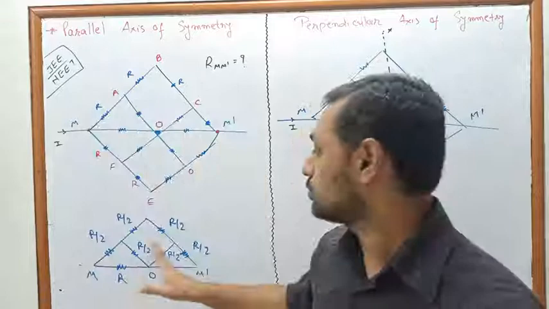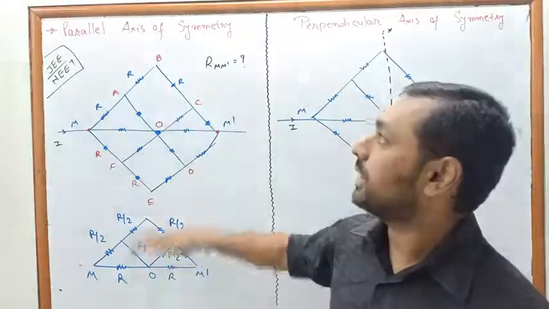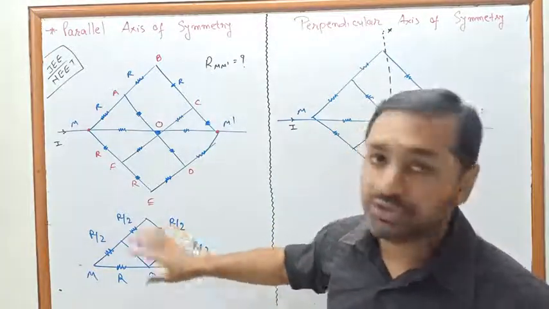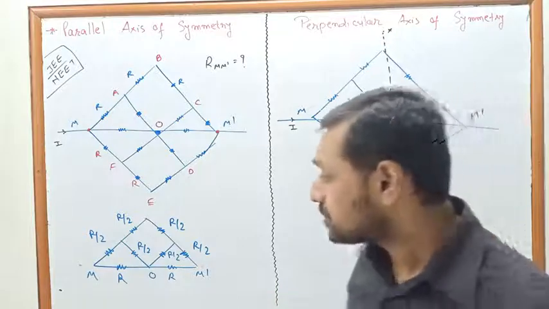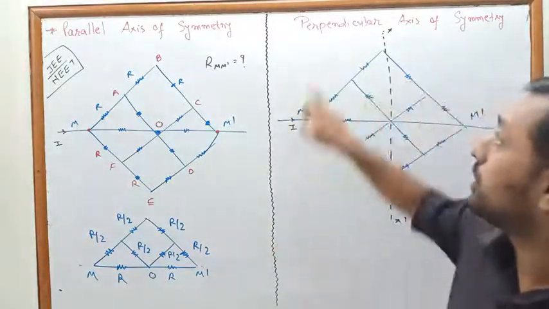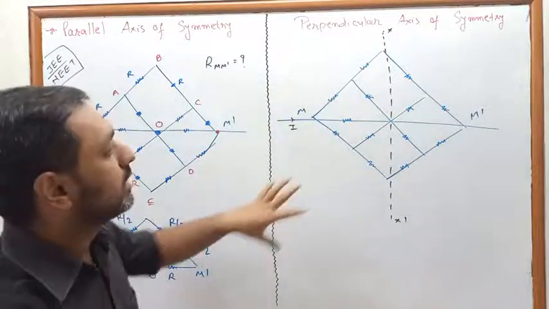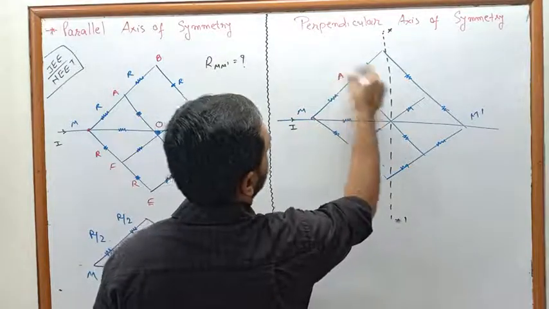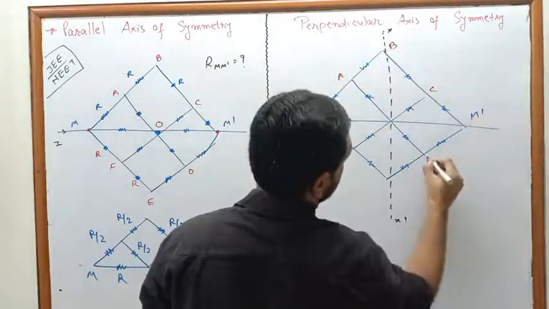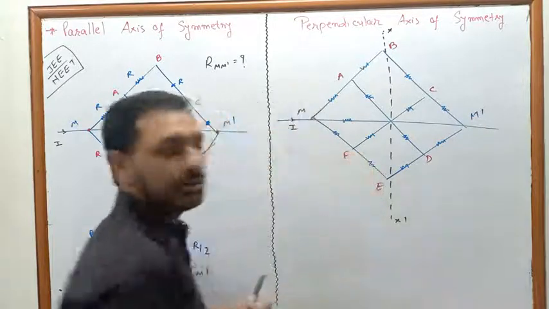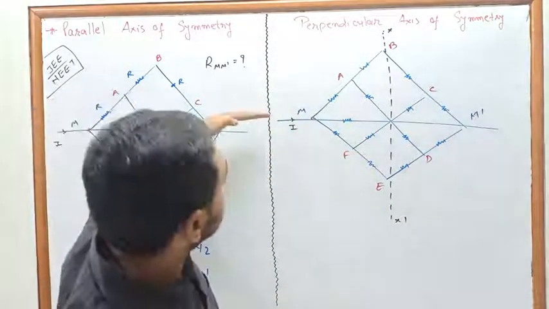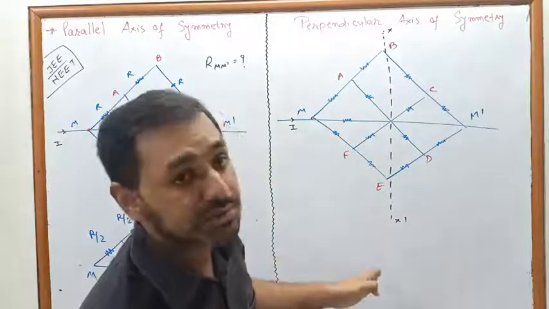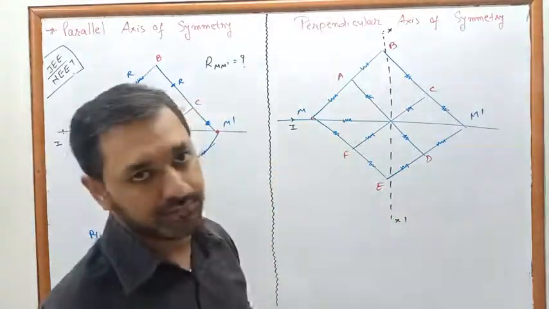Now, how to solve this network? Because now you cannot apply parallel axis symmetry. From parallel axis symmetry, you can reduce the network up to this point. Is it clear now? So, in such cases, what you can do is apply perpendicular axis symmetry. Now, if you consider the names, this is A, B, C, D, E, and F. This is the direction of current flow, and x dash is the axis which is perpendicular to the direction of current flow.